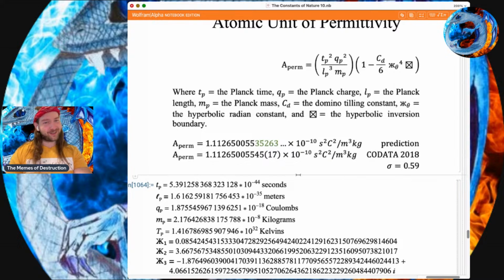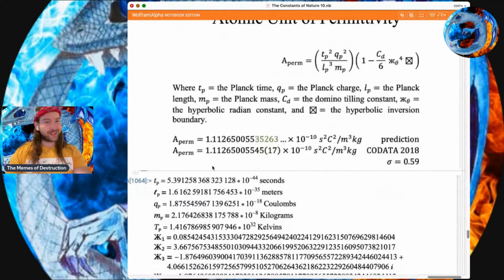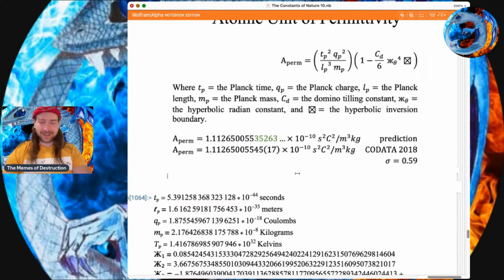Okay, so what we do here is I need to go into my notebook. Atomic unit of permittivity. Where are you? Atomic unit force. Atomic unit of permittivity. Okay, all right. Now Casey got me all these cool little symbols and everything from, where was it? Not CODATA.